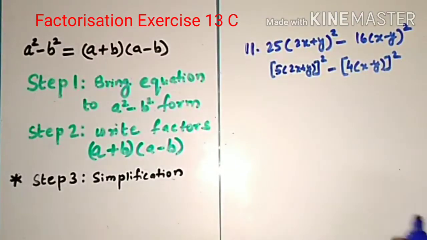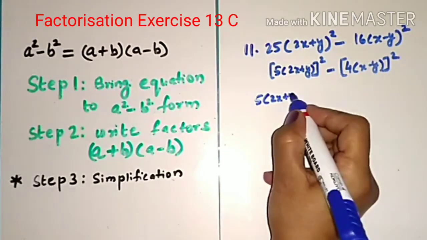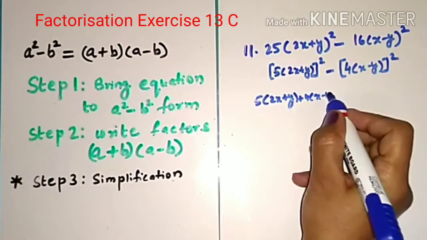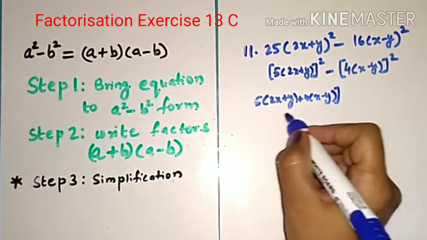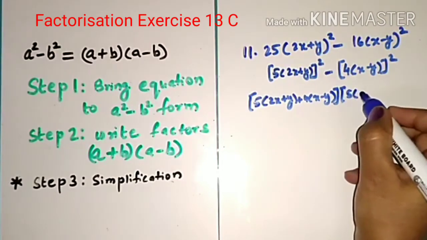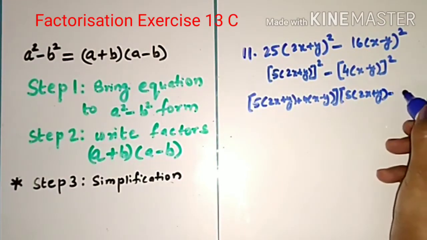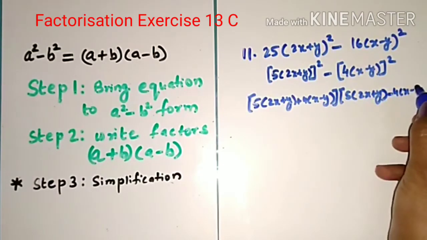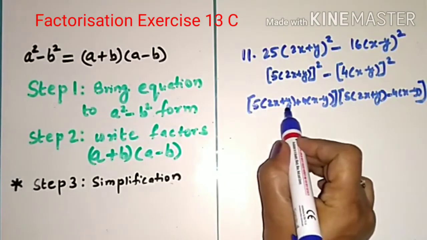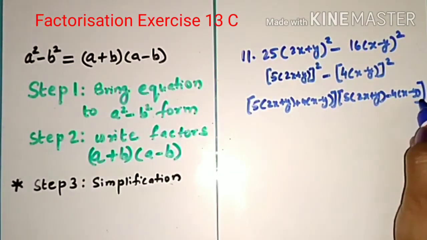Now we'll write the factors: (2x plus y) plus (4x minus y) in one bracket. Another bracket will have (2x plus y) minus (4x minus y). So this is our a plus b, a minus b factors.